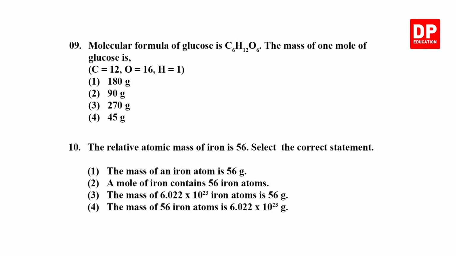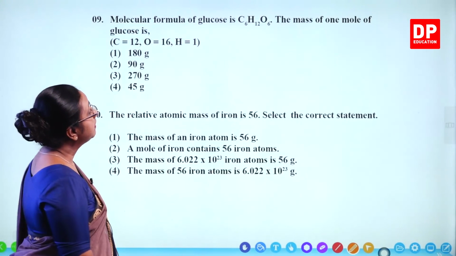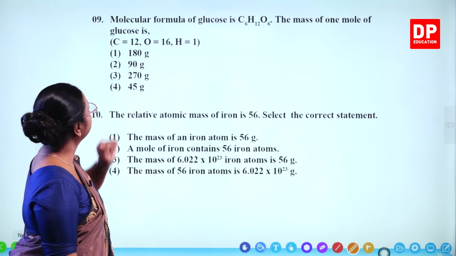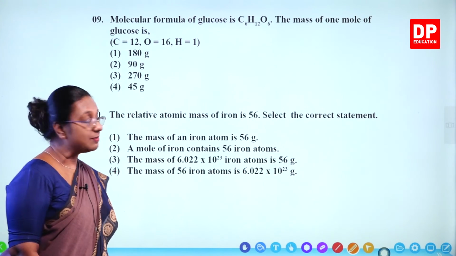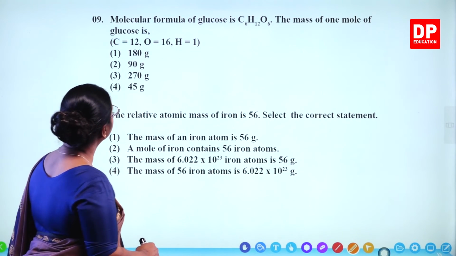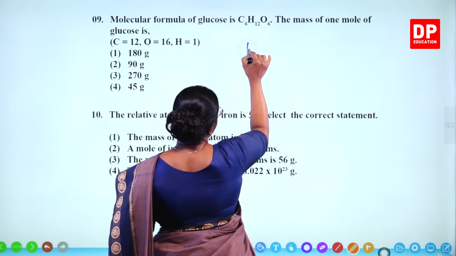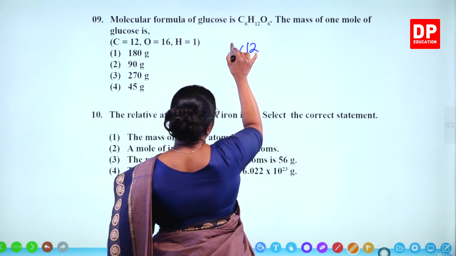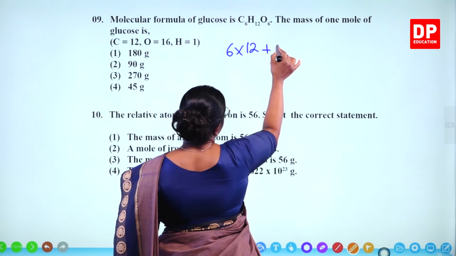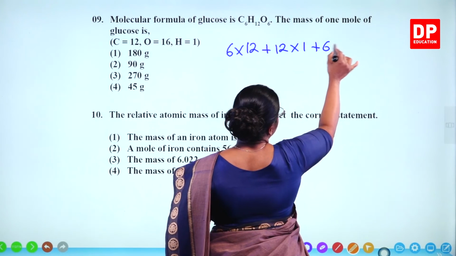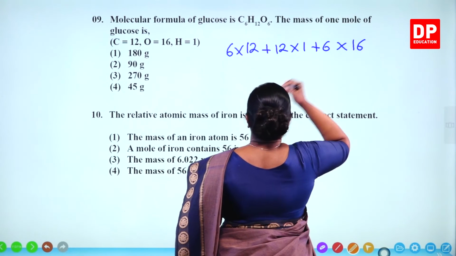Molecular formula of glucose is C6H12O6, that is given to you. The mass of 1 mole of glucose is, here you are supposed to calculate the molar mass, that is the mass of 1 mole of glucose. So, if we calculate, there are 6 carbons, so 6 times 12, plus there are 12 hydrogens, 12 times 1, and there are 6 oxygens, 6 times 16.